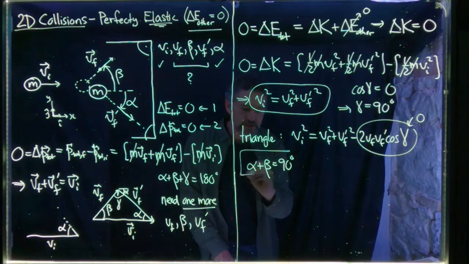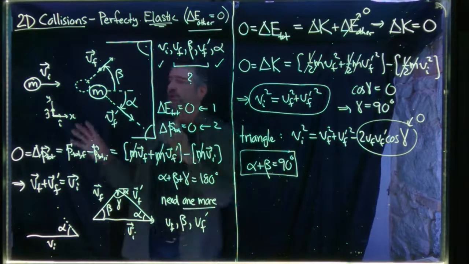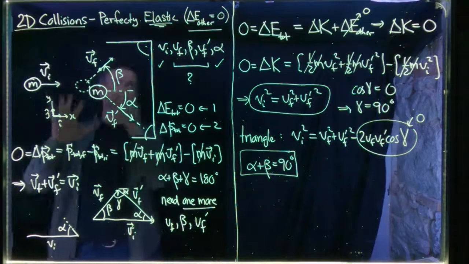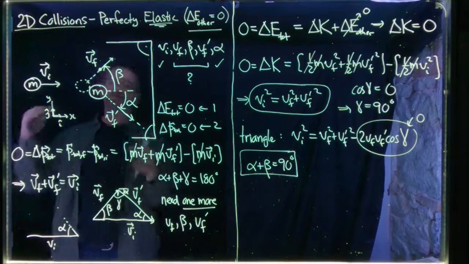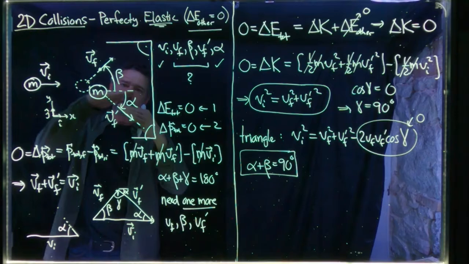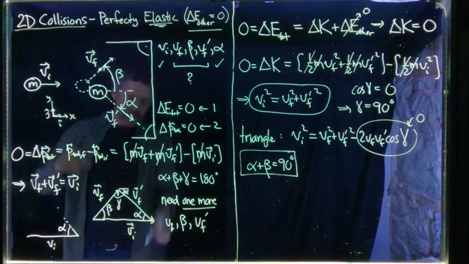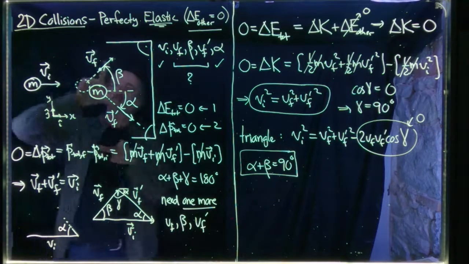So that's an interesting result. So what it tells you is that in this situation, like in a billiard ball situation, to the extent that this is true as a good approximation, it will always be true that no matter what angle alpha you choose here, the angle beta will be such that alpha plus beta is 90 degrees. Okay, so they take off like this. Here's 90 degrees.